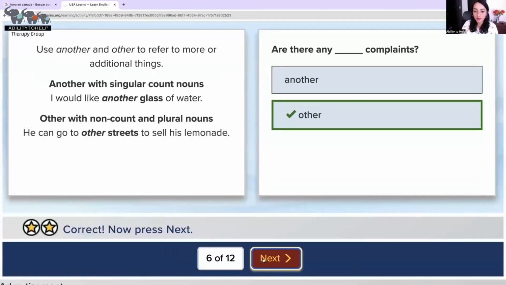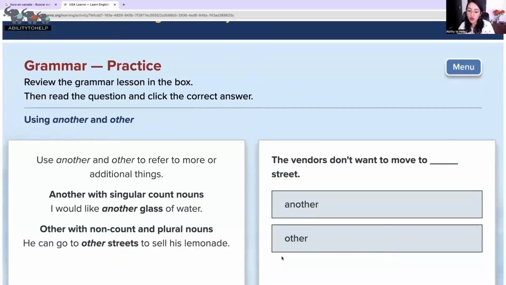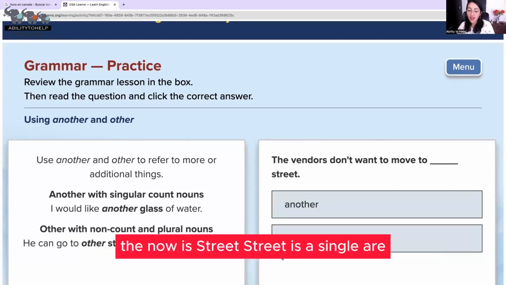Let's see. The vendors don't want to move to other street or another street. So you could find the noun. The noun is street. A street is a singular noun and is countable.